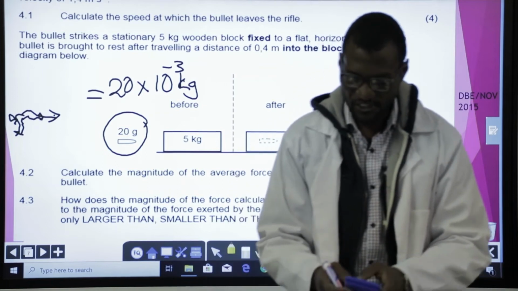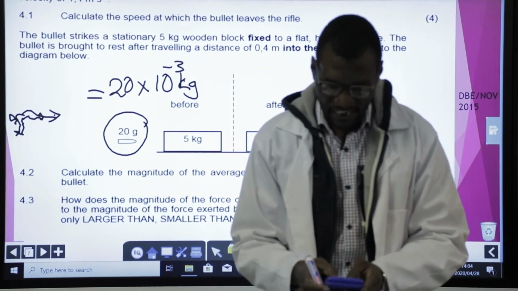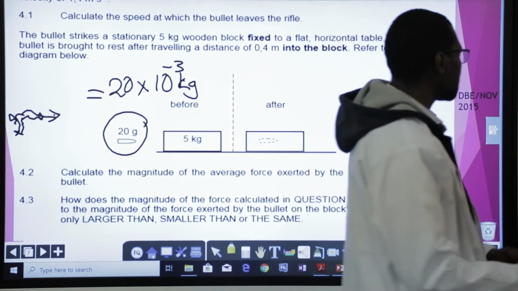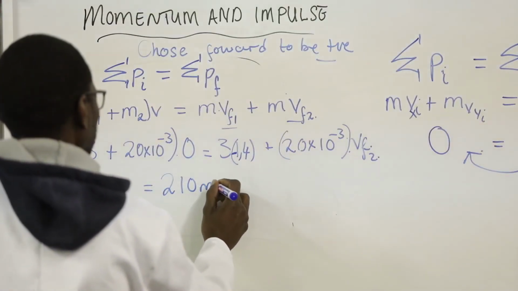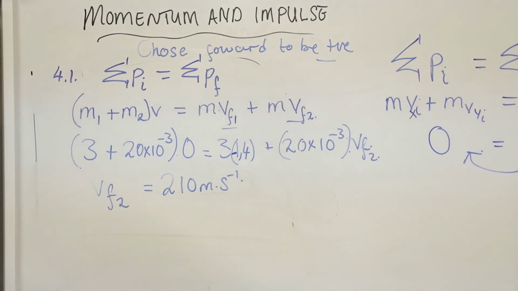Just make a change on that one. And my final answer is the velocity is equal to 210 meters per second. That is the velocity at which the bullet is going to leave the gun.